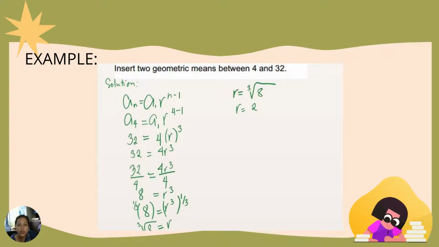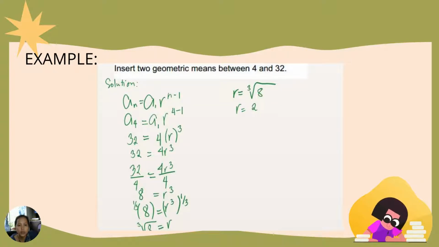And then we are going to solve. How are we going to solve it? We are going to identify the formula that we are going to use in solving the geometric means. So what formula are we going to use?